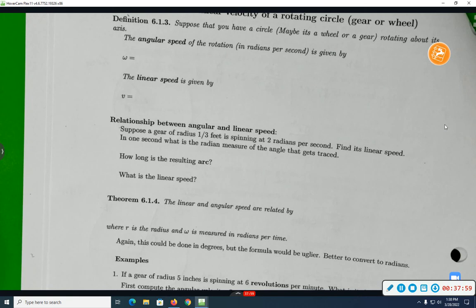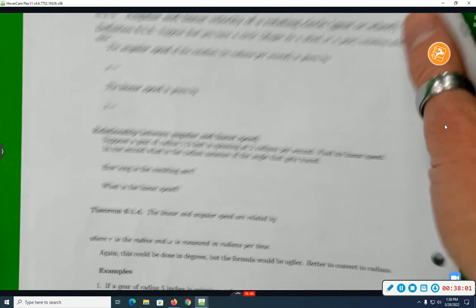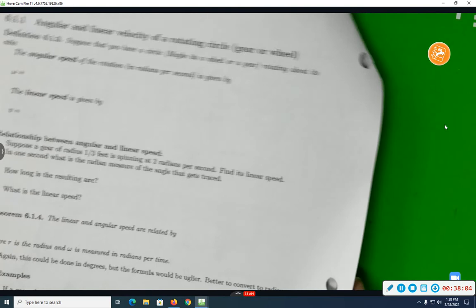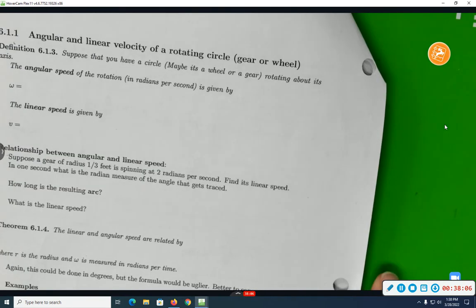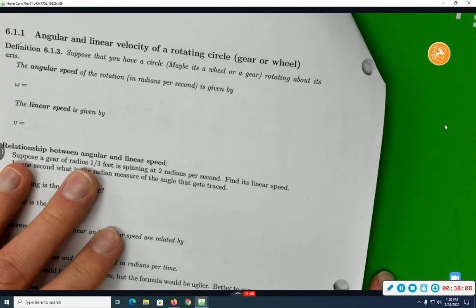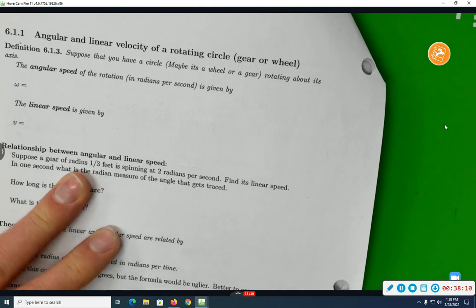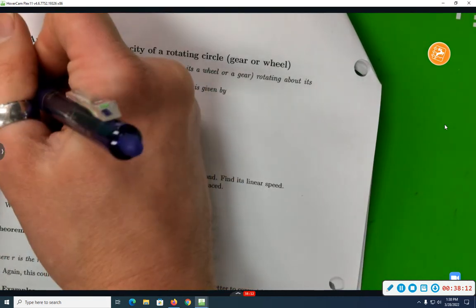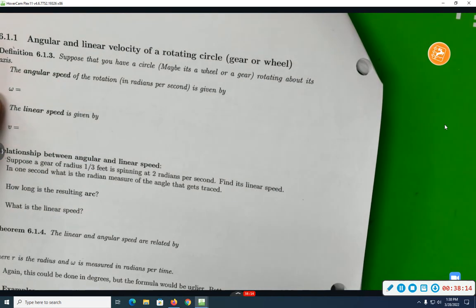So, let's do it. So suppose you have a circle. Maybe it's a wheel or a gear rotating about some central axis. The angular speed in radians per second is given by, well, how do you talk about speed? It's how many things happen per unit time.